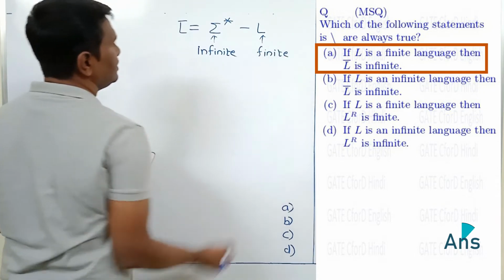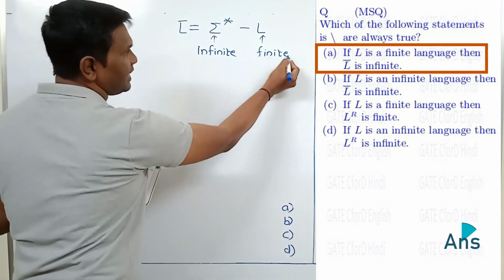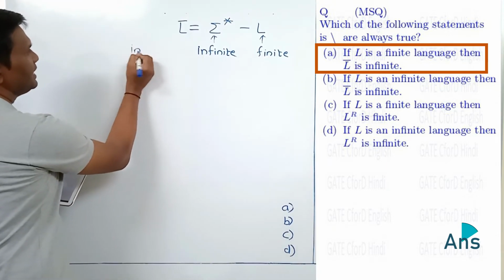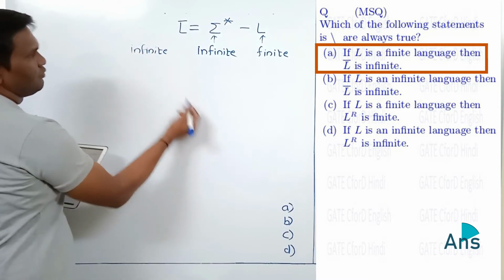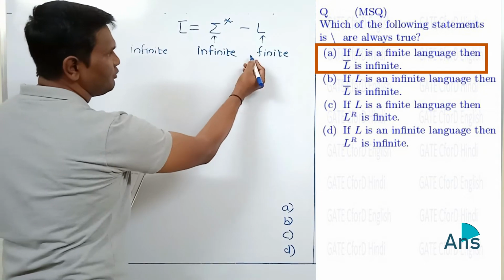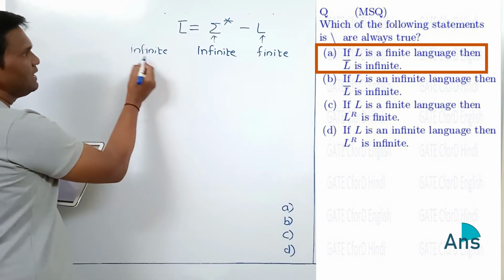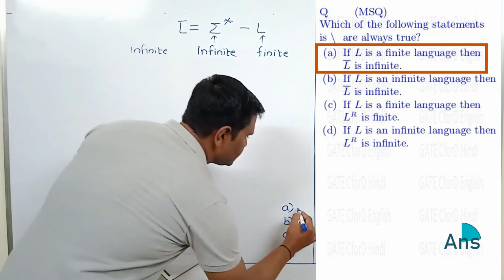Now from infinite set, if we remove some finite number of strings, we will always be left with infinite number of strings. So option A is always correct.